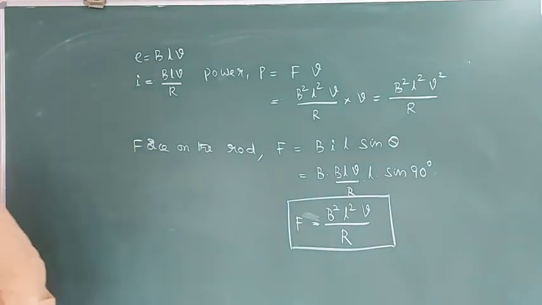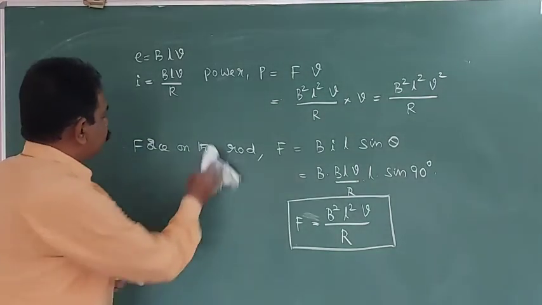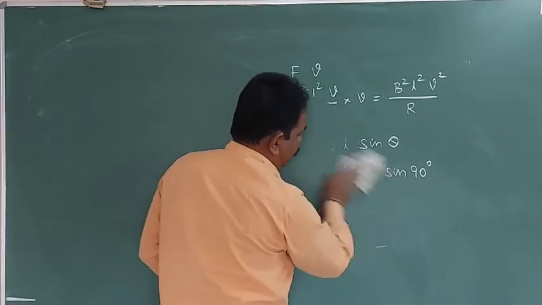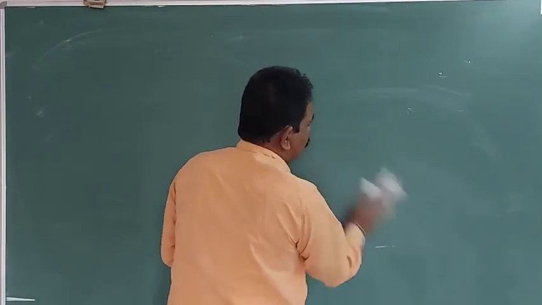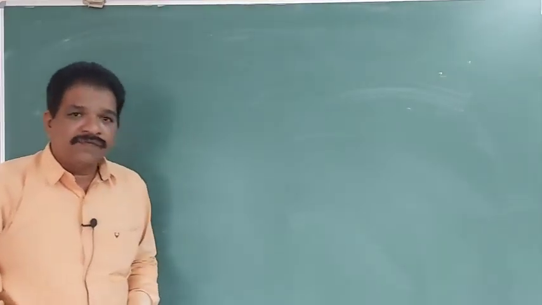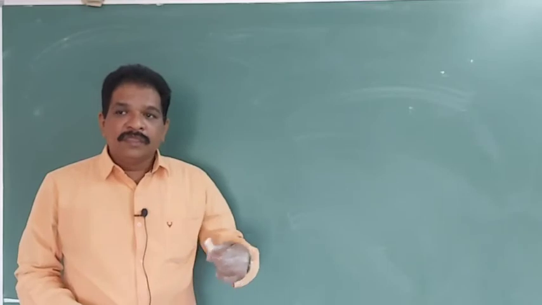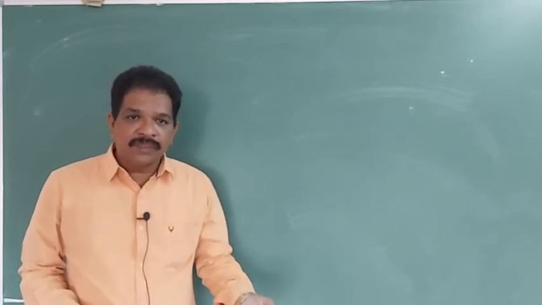Next, after finishing this, what is the magnitude we calculated? BLV. What is the direction of the induced EMF when a rod is moving in a magnetic field? EMF will be induced in the rod.